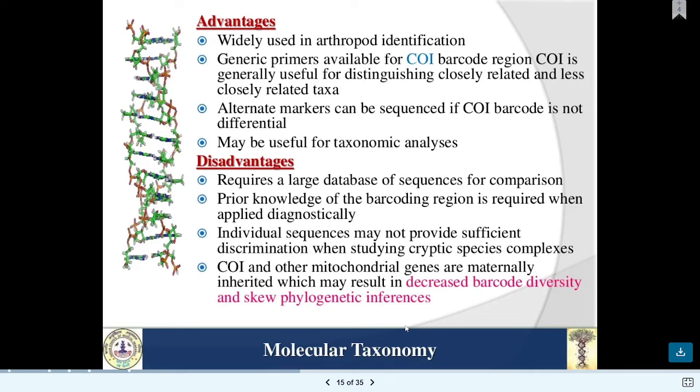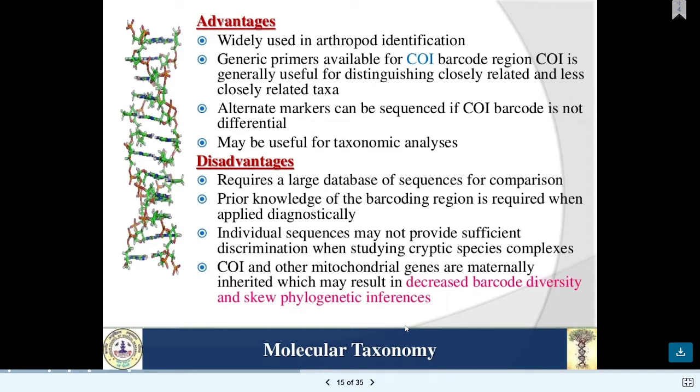Whatever organisms belong to the class arthropoda, like insects, we generally do barcoding and we can delineate them. Generic primers available for the cytochrome oxidase 1 barcode region are generally useful for distinguishing closely related and less closely related taxa.